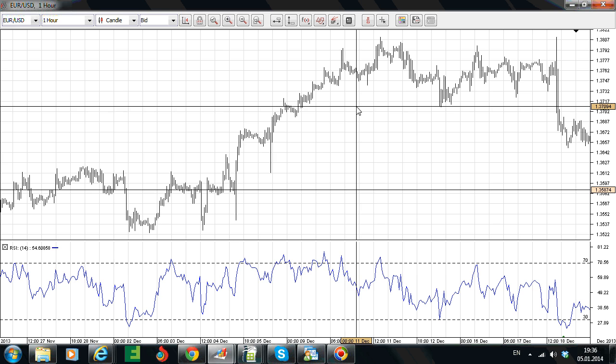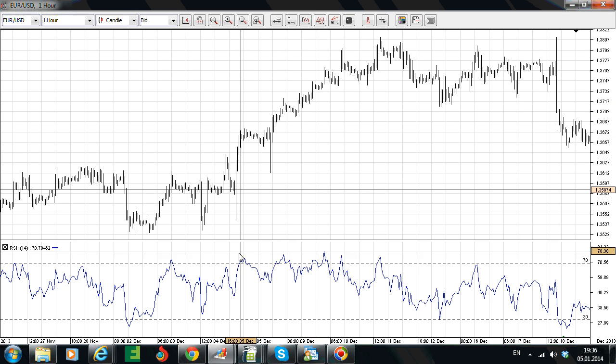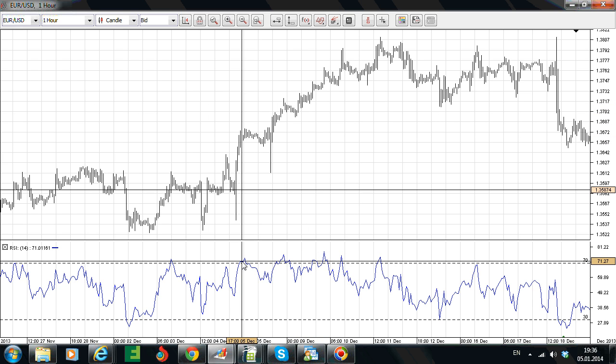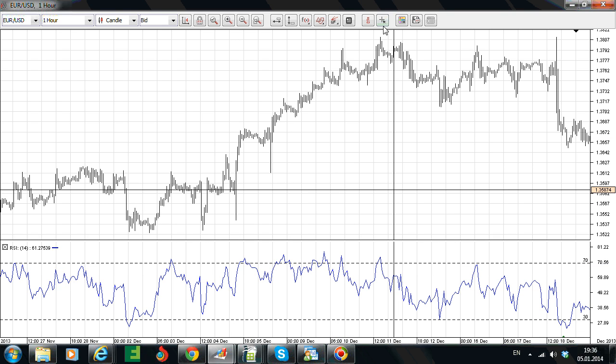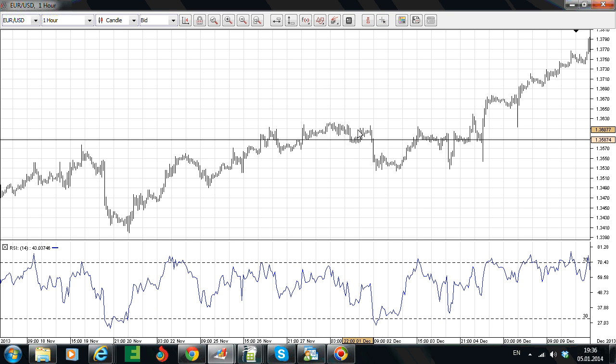So in this instance, buying put options when price reaches 70 is not going to work, or let's say it will work, but depending on your time frame. What I'm trying to say is that this overbought and oversold strategy, for any currency pair and any time frame, works when a range is identified.